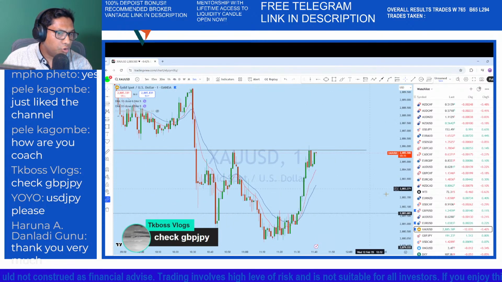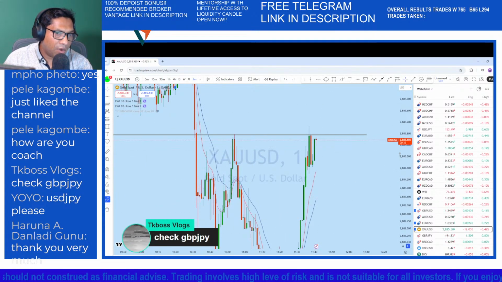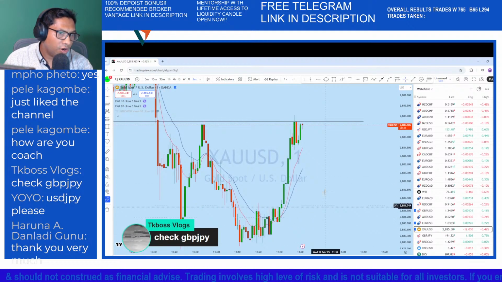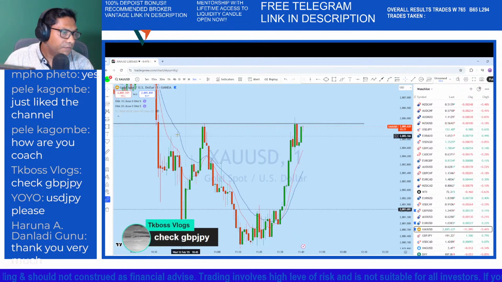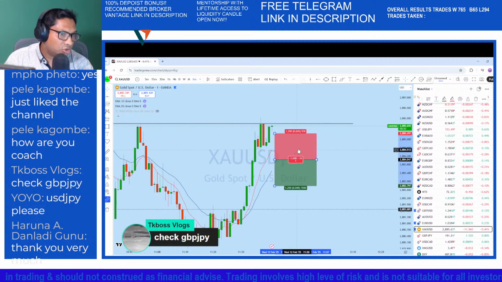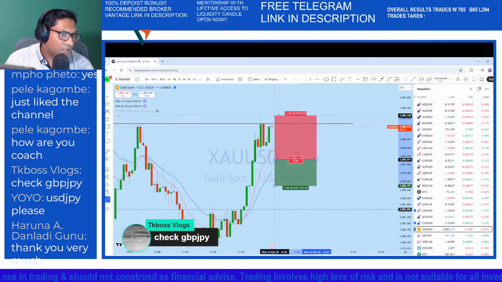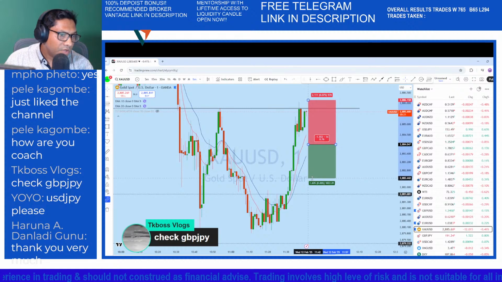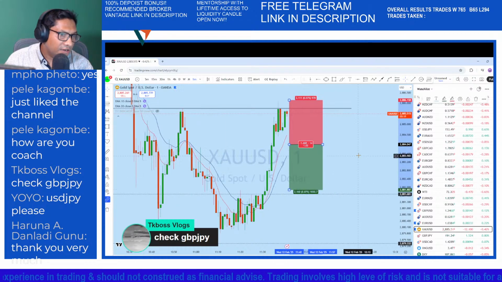So what I'm going to do, guys, is we can see there is a bounce and there's a potential for another retest here. We'll be placing a sell stop in that area, stop loss above this high, and the TP target here in that area.